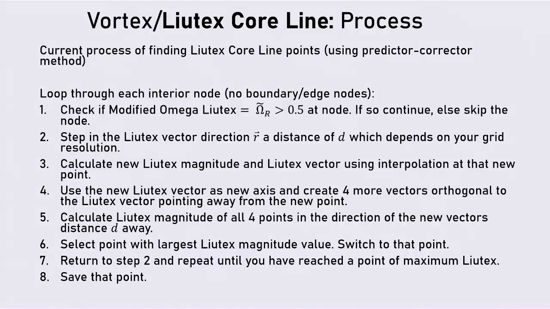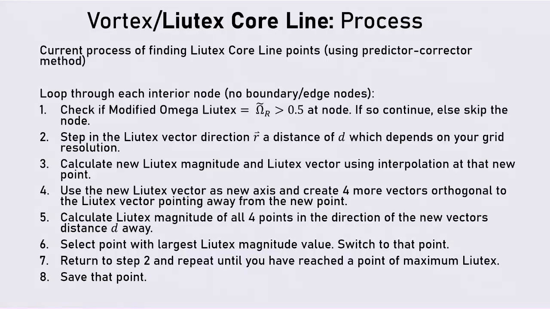So what this method does is we look at this point, and we look up, left, down, right, and we generate these points. And notice that this distance that we traveled is shorter than our grid resolution.